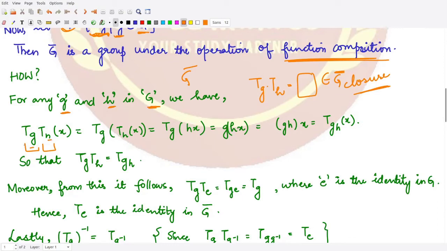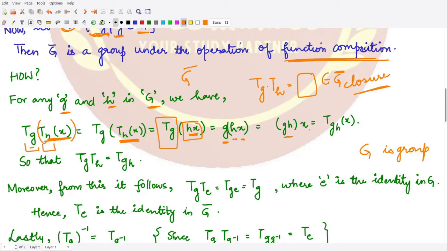Now we can solve this portion first. T_h of x, according to the definition, is just hx. Now treating this as one element and applying the function T_g onto hx, we would have g times h times x, all three in multiplication. Because capital G is a group, it is associative, so we can redefine this bracket over gh.